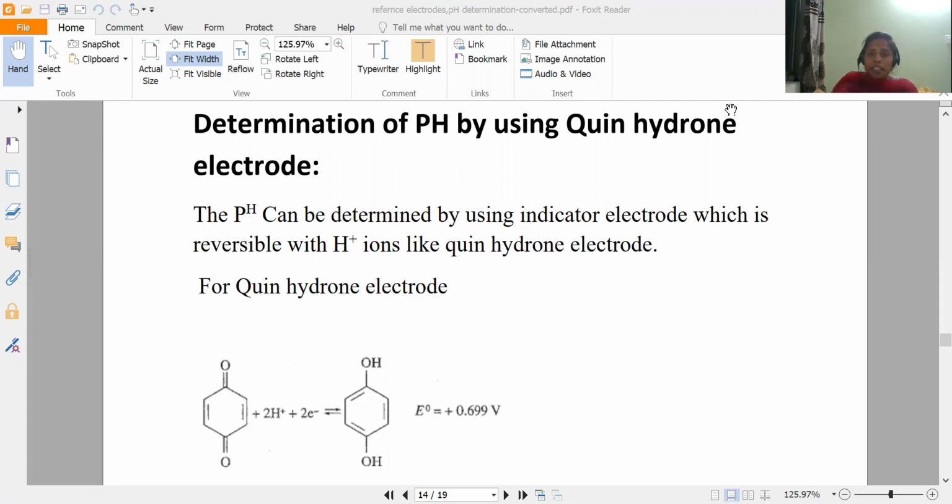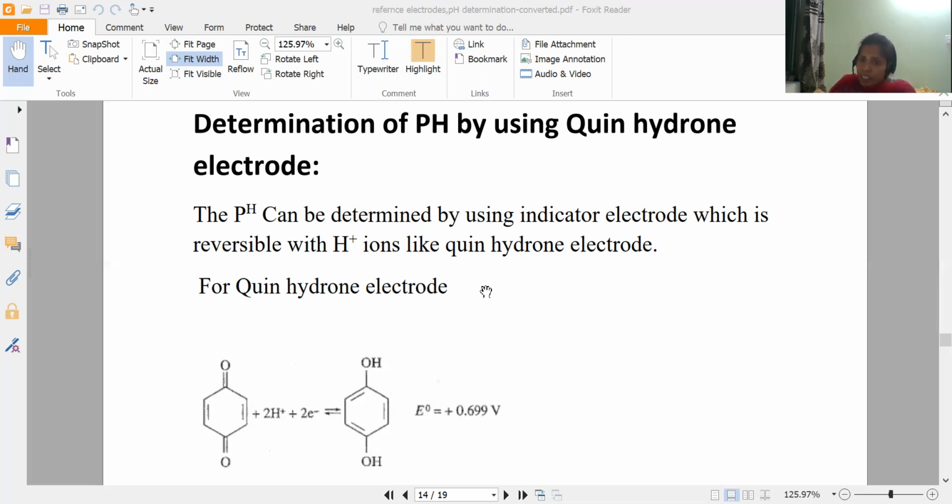The pH can be determined by using an indicator electrode, which is reversible with H+ ions, like the Quinhydrone electrode. Why do we call it an indicator electrode? It is not a perfect indicator, but it acts as an indicator electrode because it is available in powdered form.